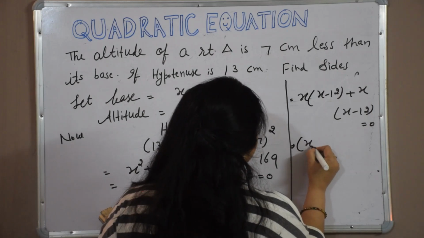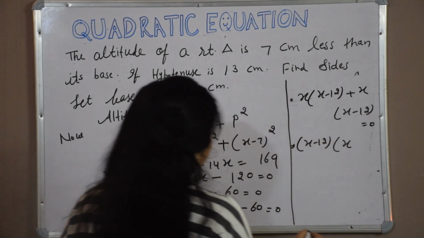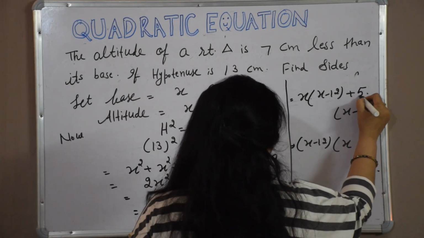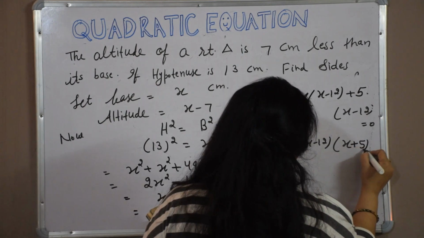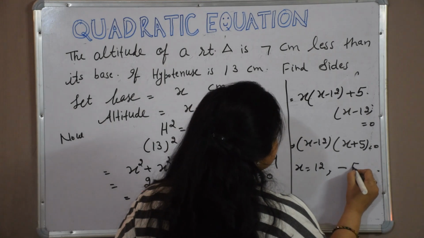From the whole thing we can take x minus 12 common, and we are getting x plus 5 equals to 0. So x is equal to 12 and minus 5.